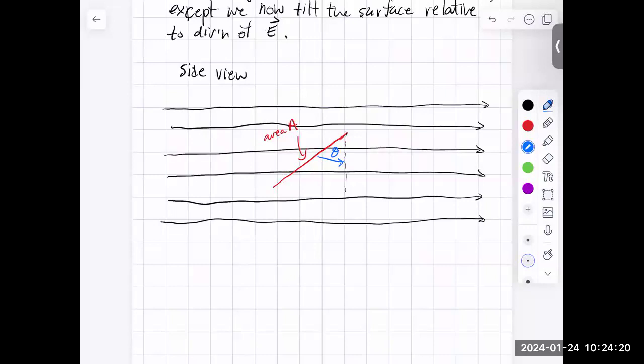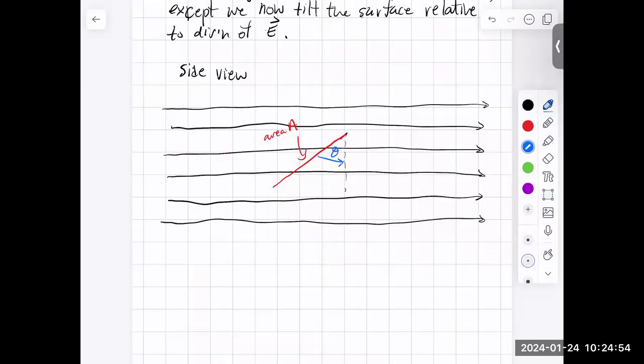The way we're going to do it is define an equivalent area. By equivalence, I mean an area that has the exact same flux as the original one, but is perpendicular to the electric field. If we can find that equivalent area, then we could calculate the flux as just E times the perpendicular area, like we did in the first example.